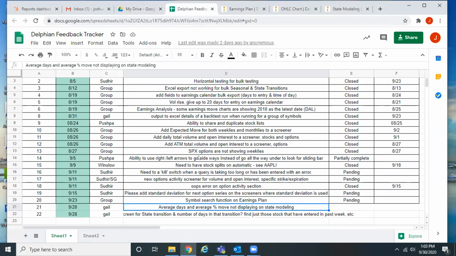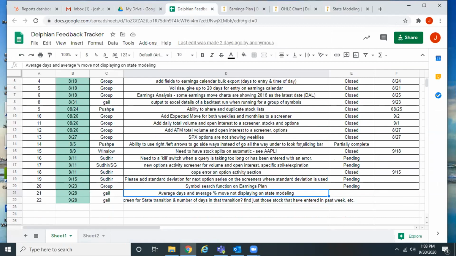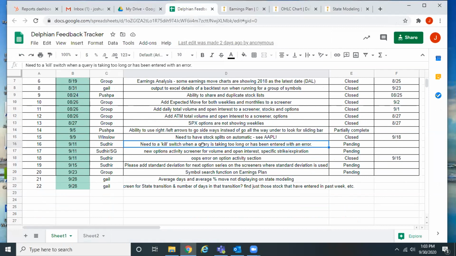So this one, we're still working on the right to left in the virtual portfolio. I don't think we're going to do a kill switch. It's not a bad idea, but that won't be anytime soon. This is going to be a long time to create. So basically what Sadir's asking for is, we're looking for spikes in open interest and things like that.